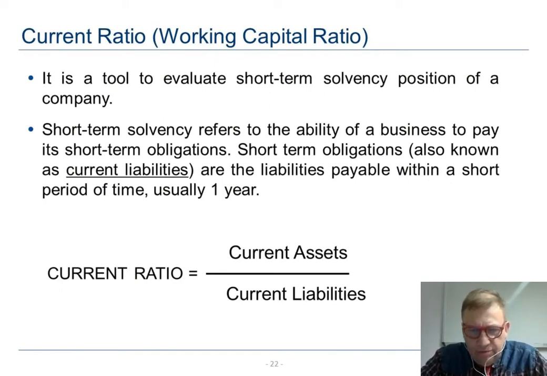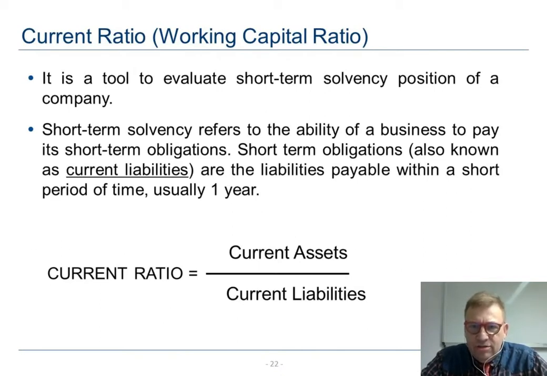Current ratio. It's a tool to evaluate the short-term solvency position of a company. In other words, how good is the company with money, with cash in the short term. Short-term solvency refers to the ability of a business to pay its short-term obligations.